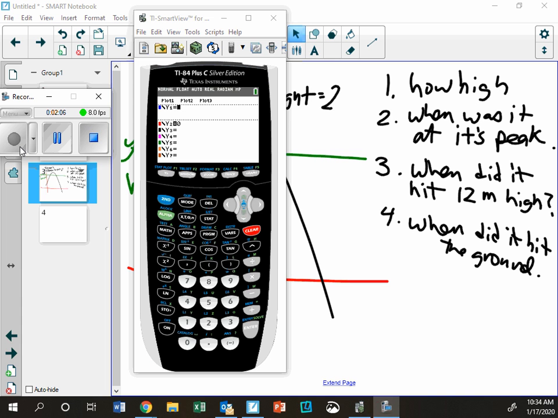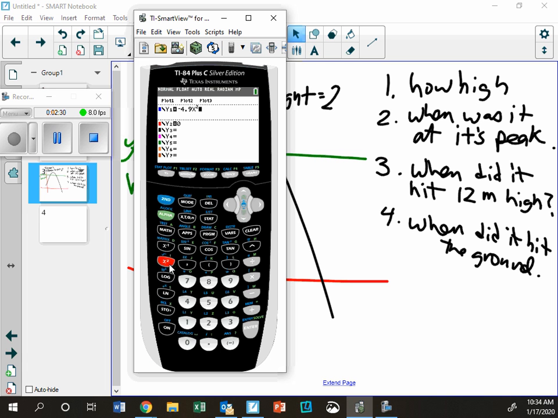All right, so I'm going to start with y equals negative. Notice I used the negative sign, not the minus sign. 4.9. That key is either x, t, theta, etc., but in this case it's going to bring up an x, because in different modes of the calculator it would bring up different letters. All right, and this is squared, so I'm going to hit the squared button.